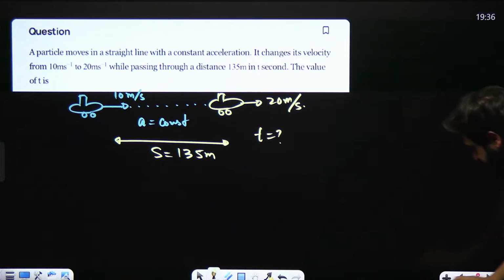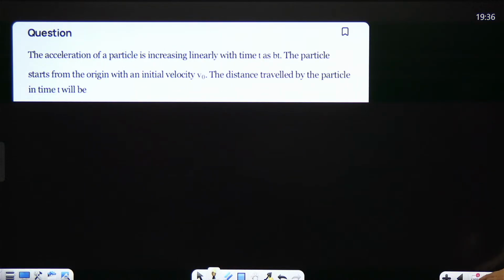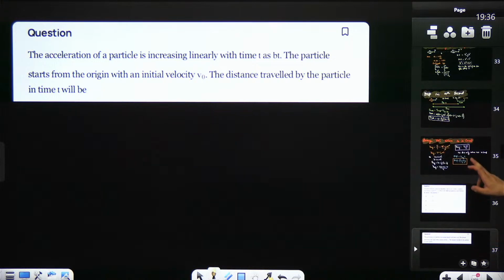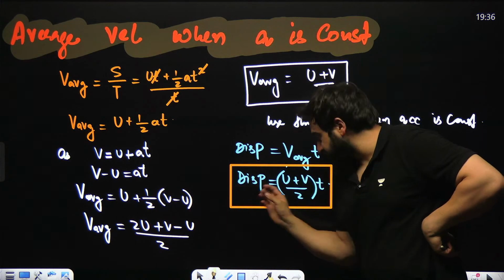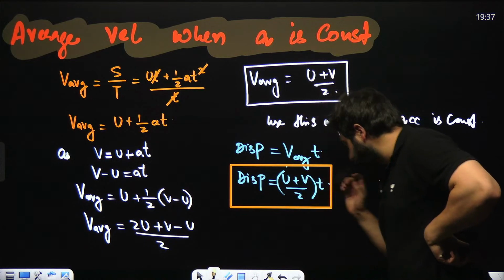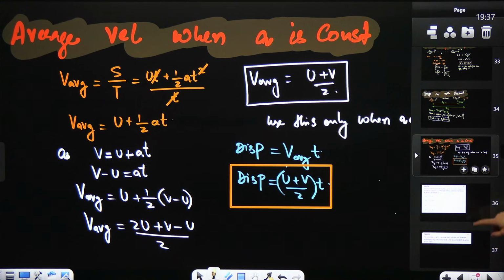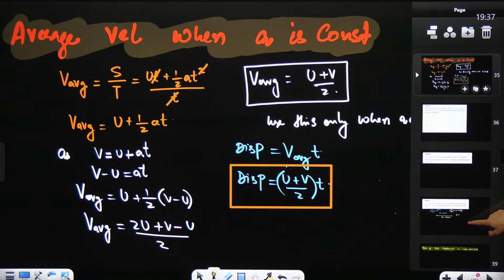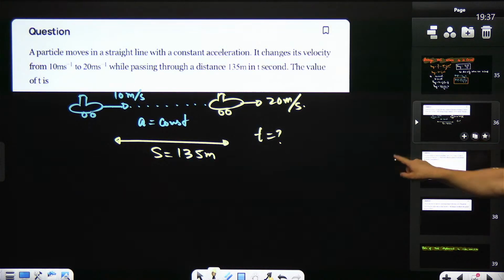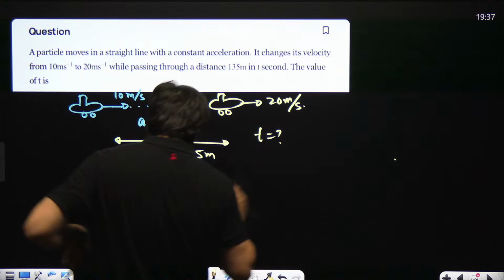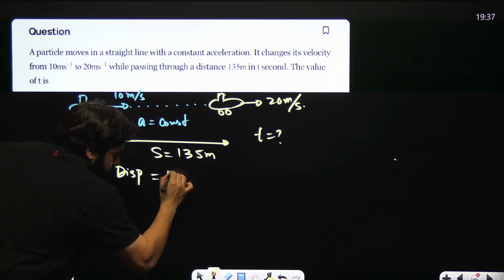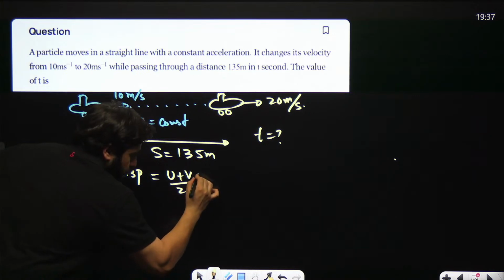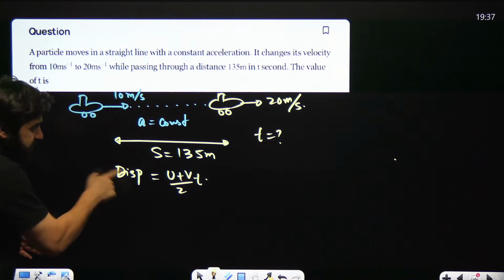Guys, tell me one thing. Look at this. Displacement is equal to u plus v by 2 into t. I'll take it over here. What is the value of displacement?